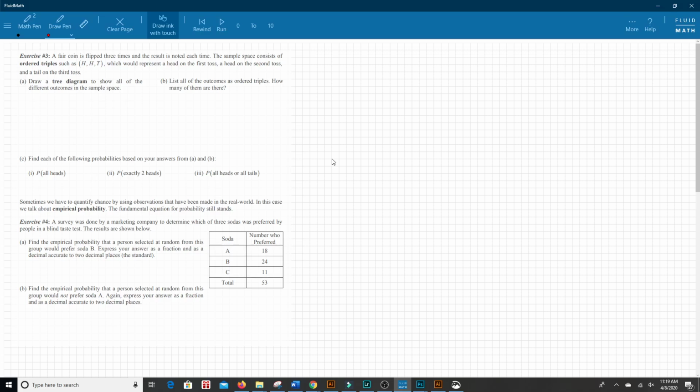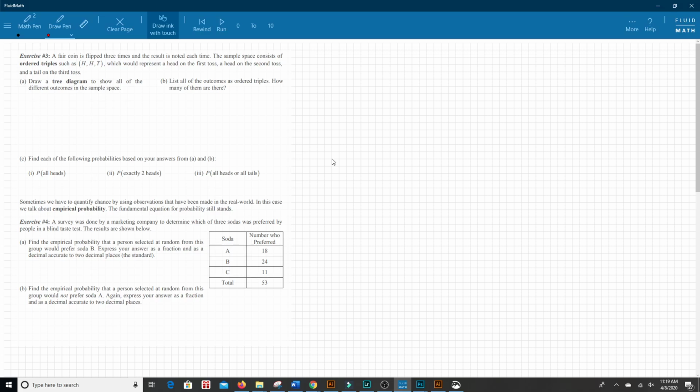The sample space contains the ordered triplets, such as heads, heads, tail, which would represent a head on the first toss, a head on the second toss, and a tail on the third toss. Draw a tree diagram to show all the different combinations in the sample space.